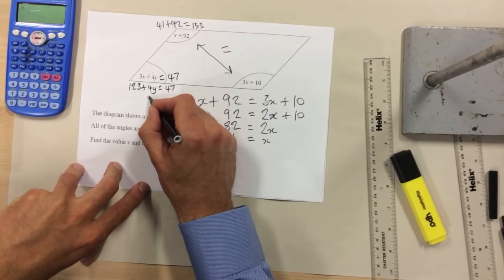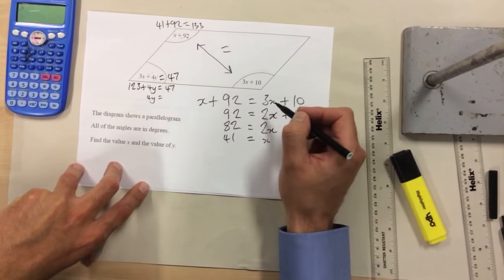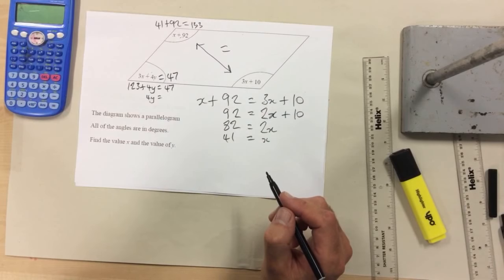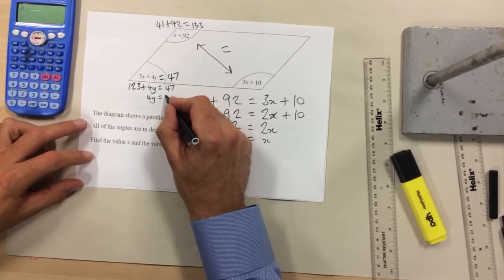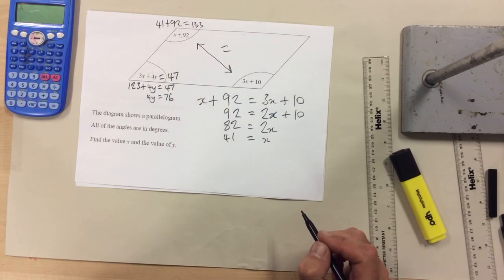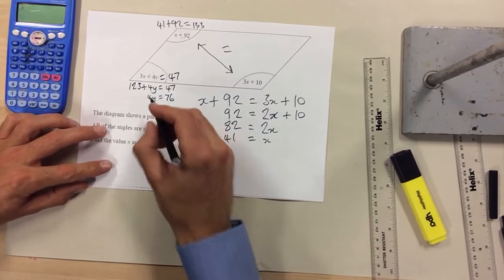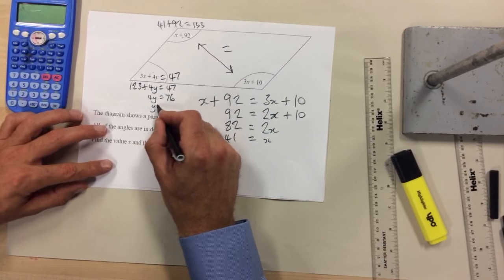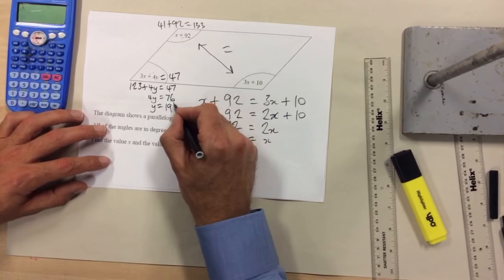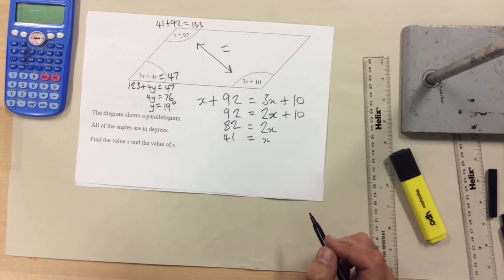Subtract 123 from both sides, and we get for the 4y equals negative 76. If 4y equals negative 76, we can find the value of y: half and half, 38 and 19. Okay, so we've got that x is 41 degrees and y is negative 19 degrees.